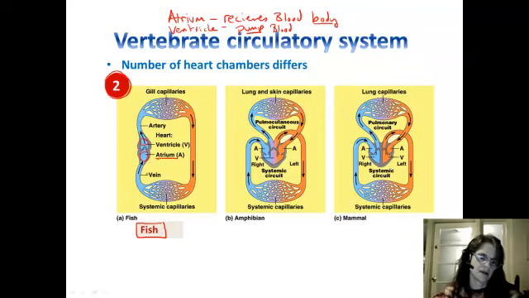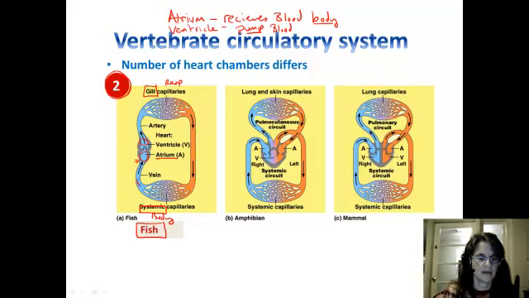Okay, so if we imagine that systemic means essentially body, so the blood has been out in the body here. Here we see gills. Remember, fish breathe with gills, so these are the respiratory organs up here. Okay, so if we follow our arrows, let's pick it up here at the atrium of the heart.